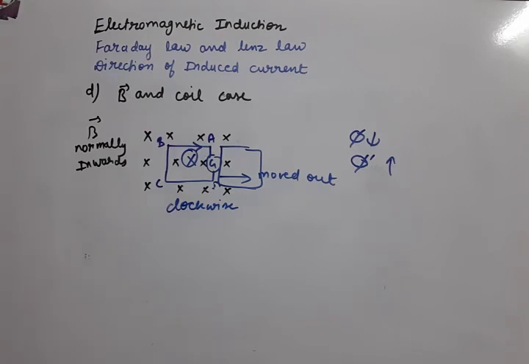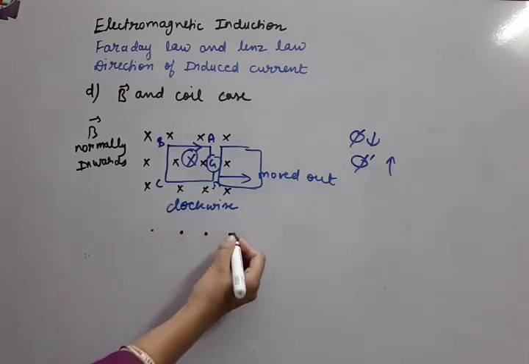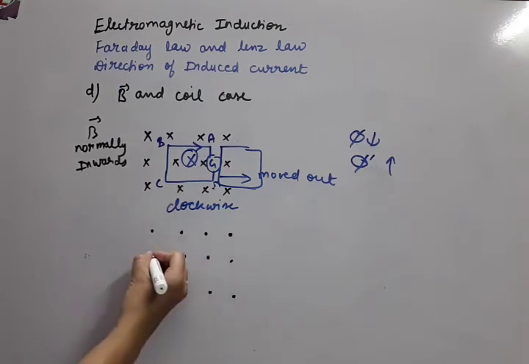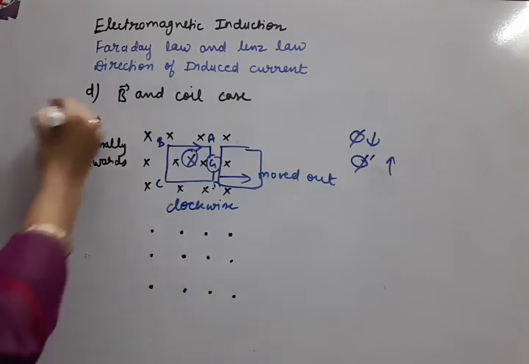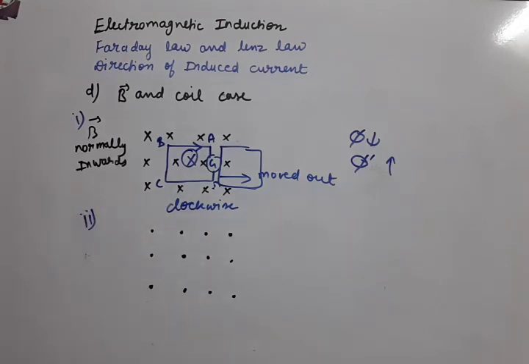Okay, we can practice one more question here. Suppose now the field is given in dot manner. This was the first example, this is the second example.